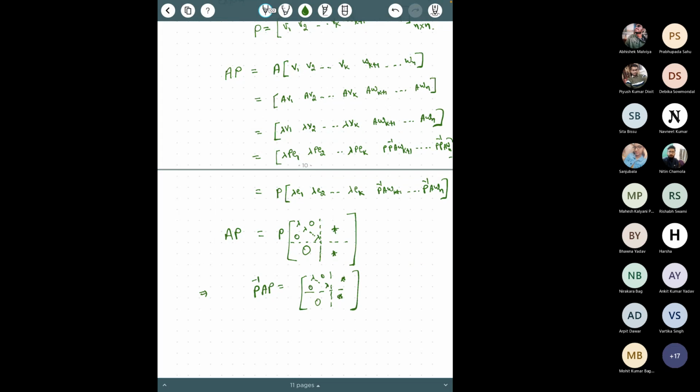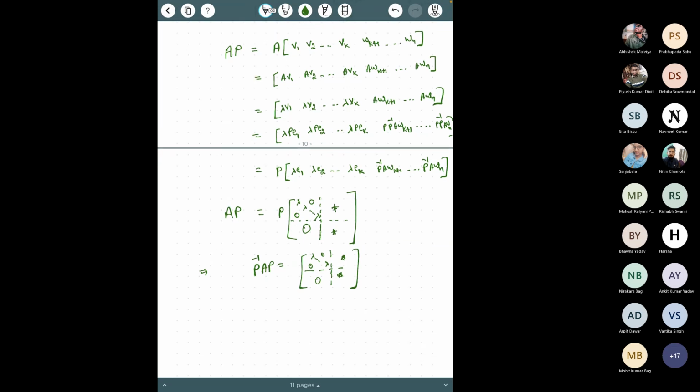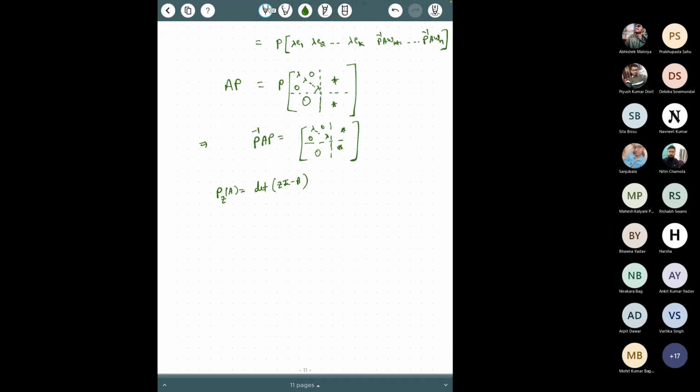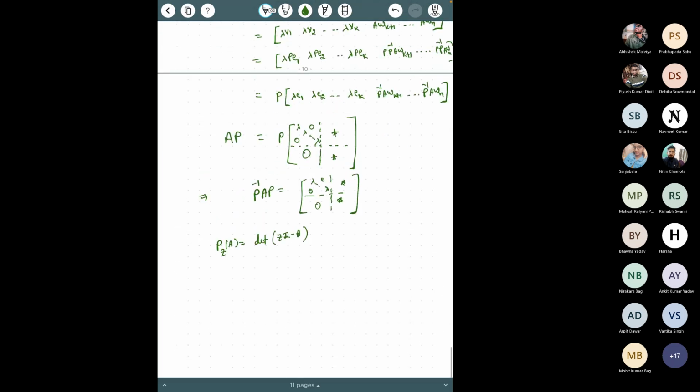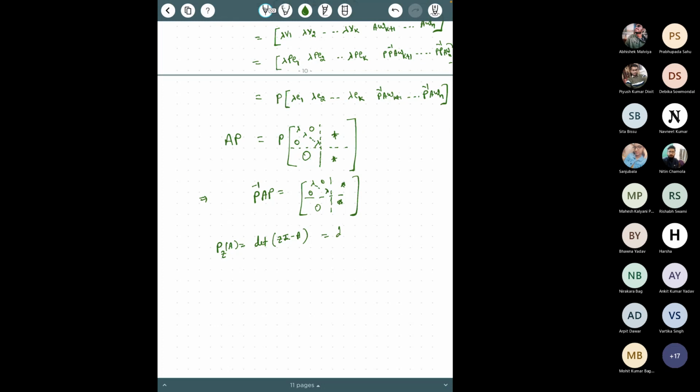Now look at the characteristic polynomial of A. It is the determinant of zI minus A. But you know that similar matrices have the same characteristic polynomial.